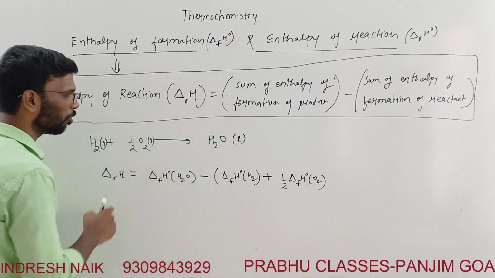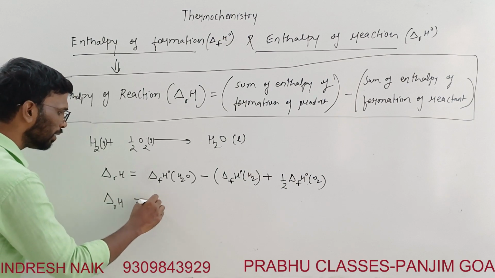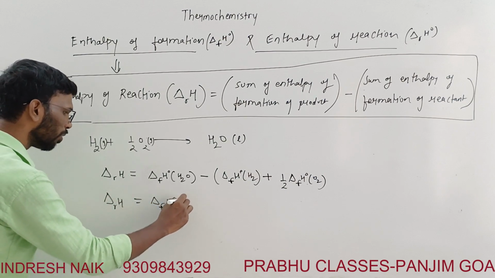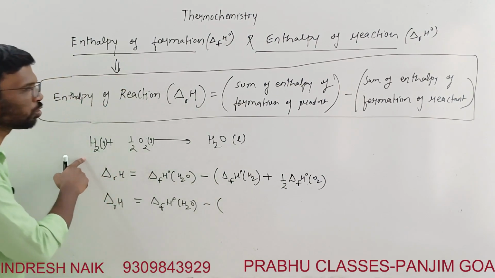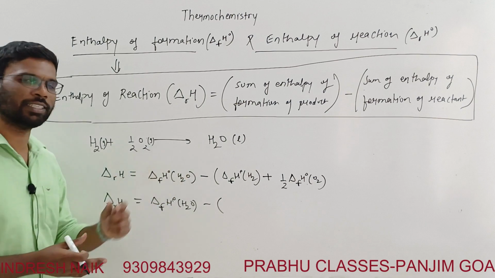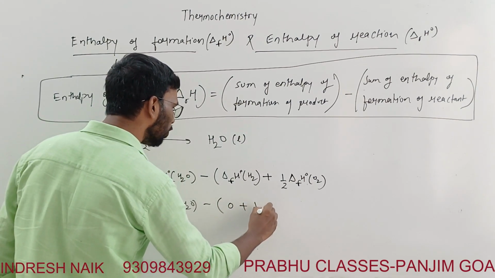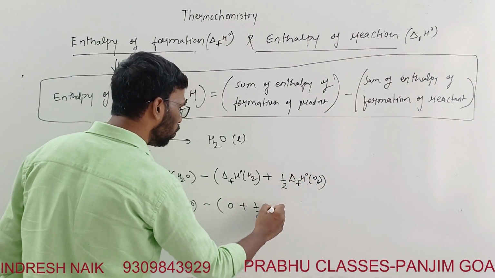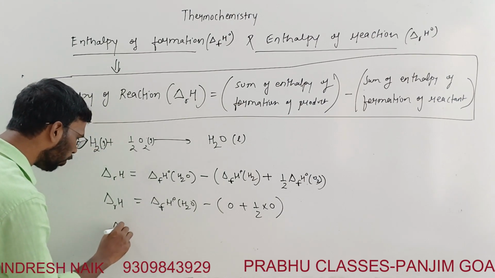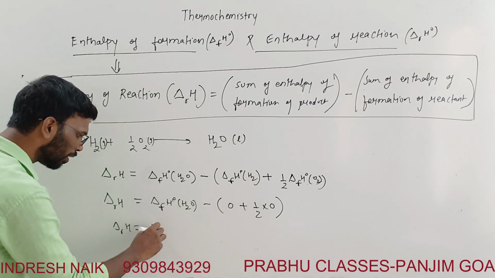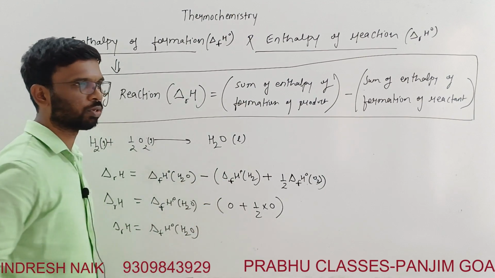Half is the stoichiometric coefficient I have included over here. So what is this? Enthalpy of formation of H2, as per the data, since it exists in a free state, is 0, plus half into enthalpy of formation of O2, which is also equal to 0. So this whole term becomes equal to 0. Therefore enthalpy of reaction is equal to enthalpy of formation of water.